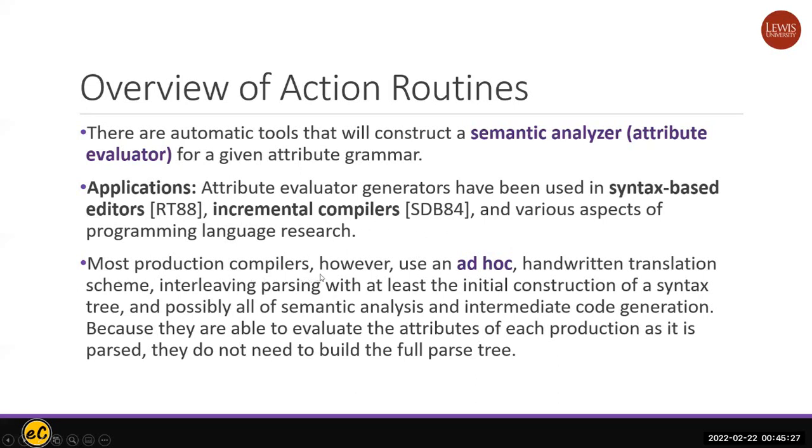Most production compilers, however, use an ad hoc handwritten translation scheme, interleaving parsing with at least the initial construction of the syntax tree and possibly semantic analysis and intermediate code generation, because they are able to evaluate the attributes of each production as it is parsed. They do not need to build the full parse tree. So they will get some partial result and then use it. That will save space.